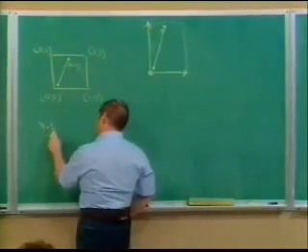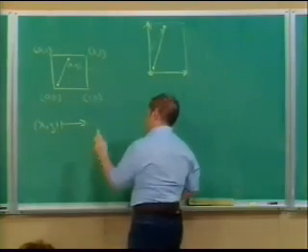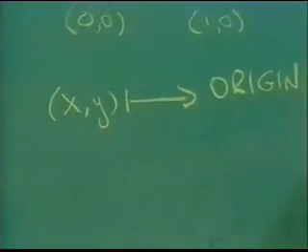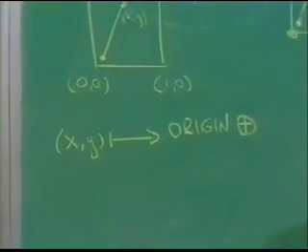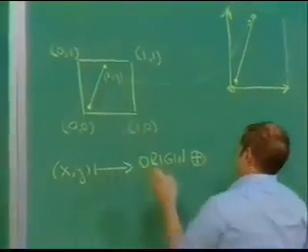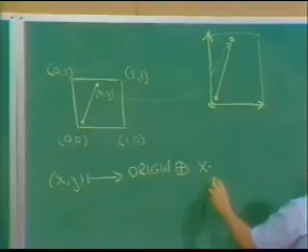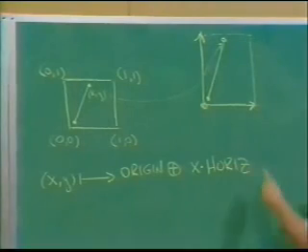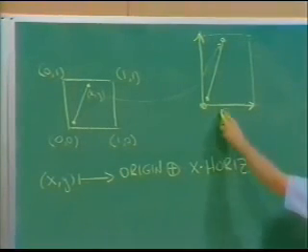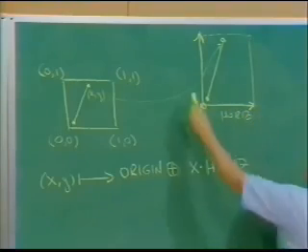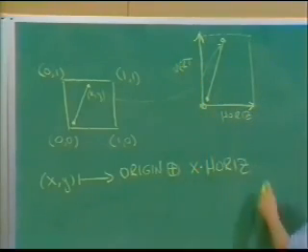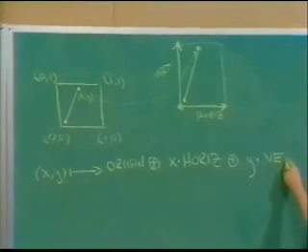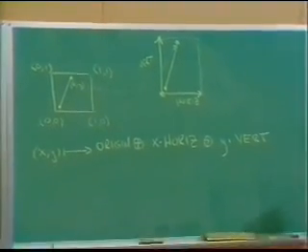The point that xy goes to is gotten by taking the origin of the rectangle and then adding to that, as a vector, x, the x coordinate, which is something between 0 and 1, multiplied by the horizontal vector of the rectangle, and the y coordinate, which is also something between 0 and 1, multiplied by the vertical vector of the rectangle.